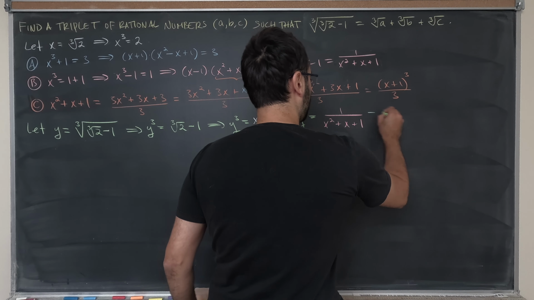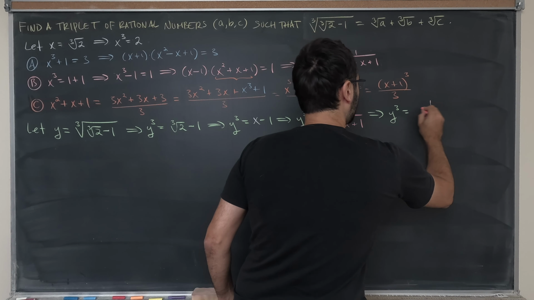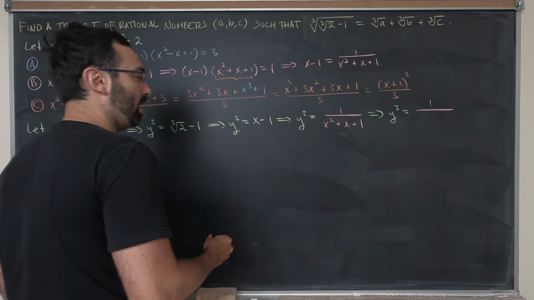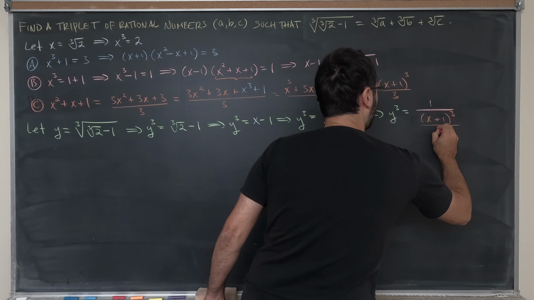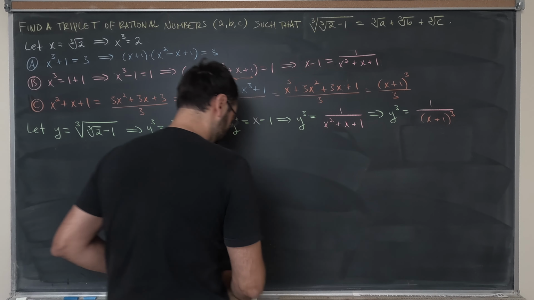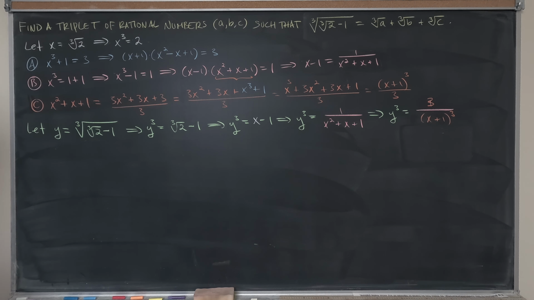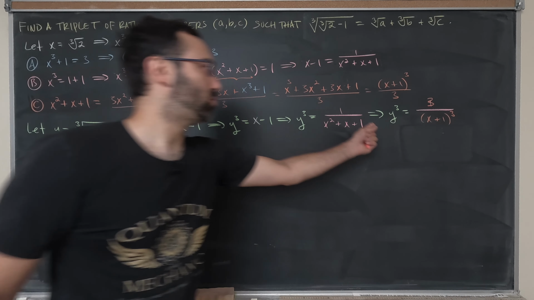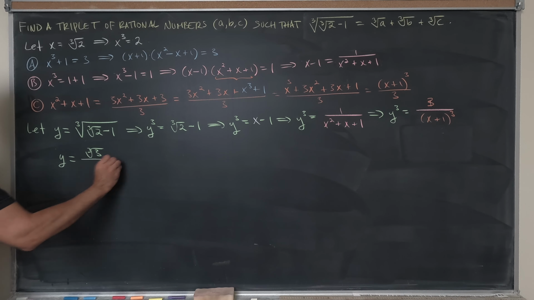So now we can write that y cubed equals 1 divided by x plus 1 all cubed divided by 3. But dividing by 3 just brings that 3 upstairs. Okay, great. So this now tells us that y is nothing but, well, let's cube root both sides, of course. So y equals the cube root of 3, all divided by x plus 1.